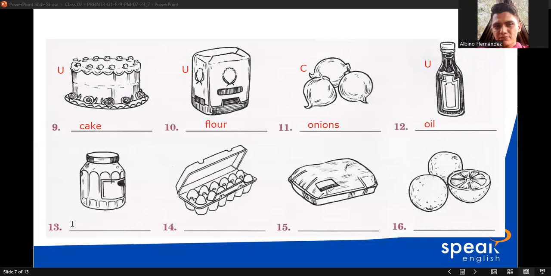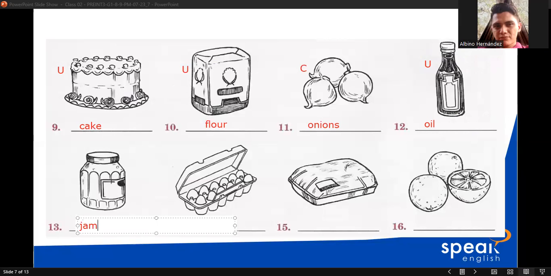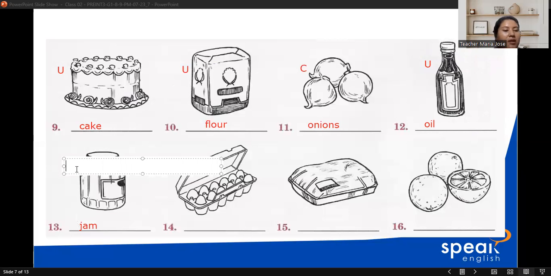I don't know. A bottle of, how do you say mermelada? Oh, I don't know. Jam. Okay, a bottle of jam. Okay, actually it's a jar of jam. So this is countable or uncountable? It is uncountable. Excellent.